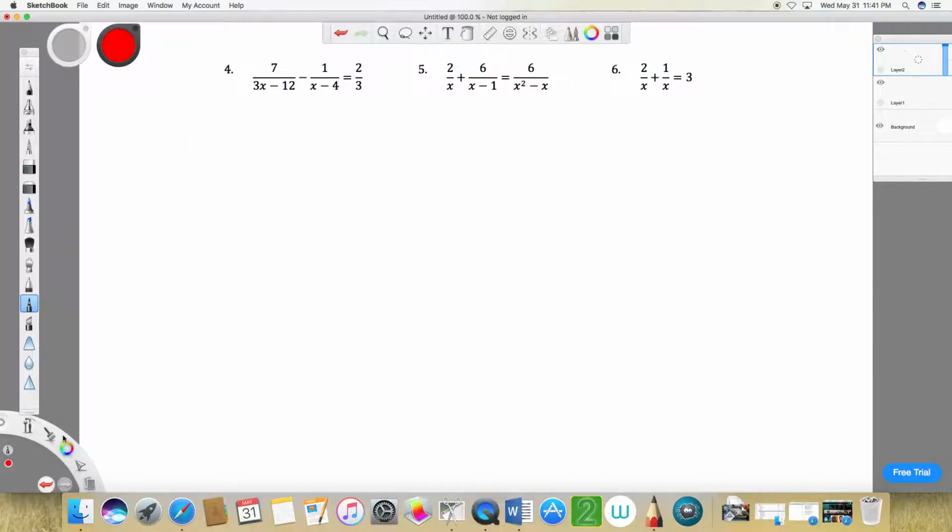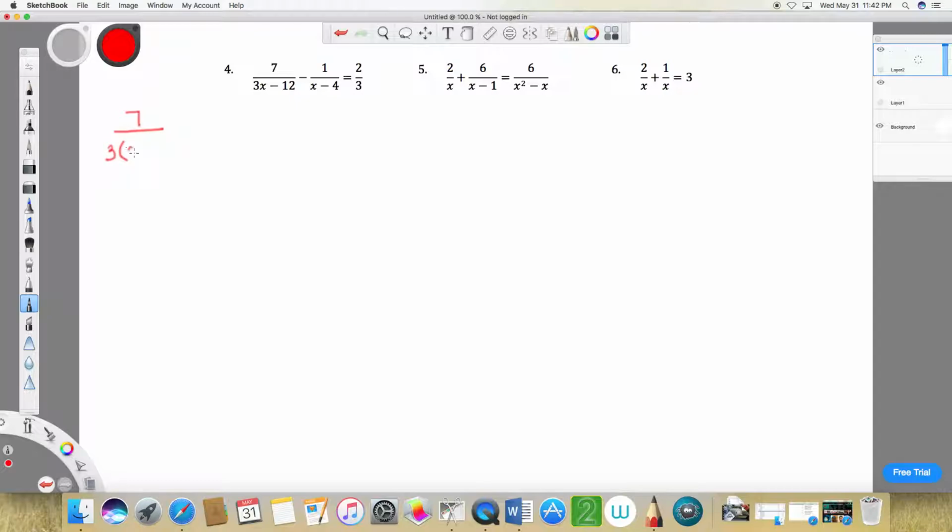Let's take a look here at number 4. And I notice in the denominator here, 3x minus 12, that I can factor that. So before I jump in and try and find a common denominator of these three terms, I want to factor my denominators. So 3x minus 12, both of these have a common factor of 3.